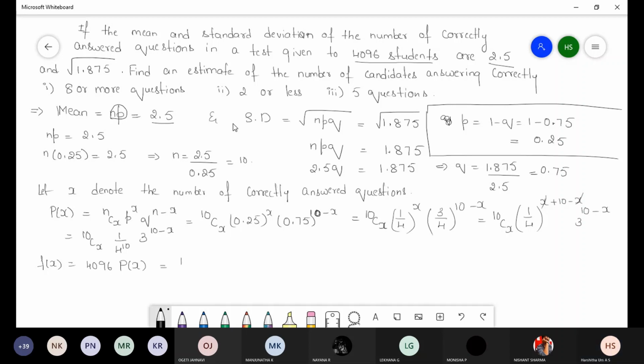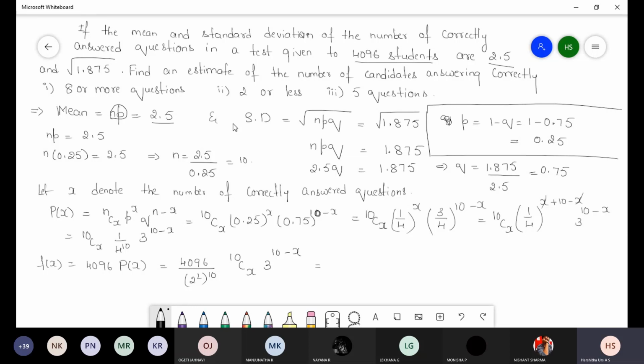So 4096 divided by this 4 power 10, I can write as 2 power 2 whole power 10, into 10Cx into 3 power 10 minus x.